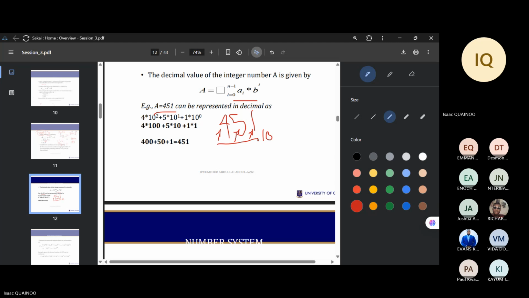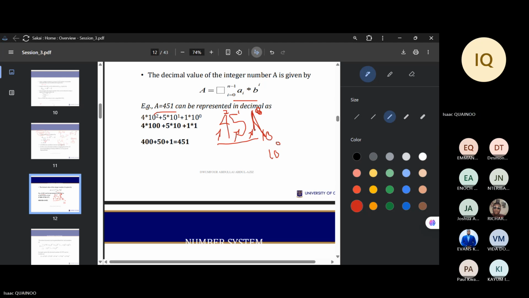So the weight of the number 1 here can be defined as 10 raised to the power 0, which is the base or the radix, raised to the power the position of that number. The position of this 1 here is 0. The position of 5 here is 1. And the position of 4 here is 2, when we are numbering from the right to the left.